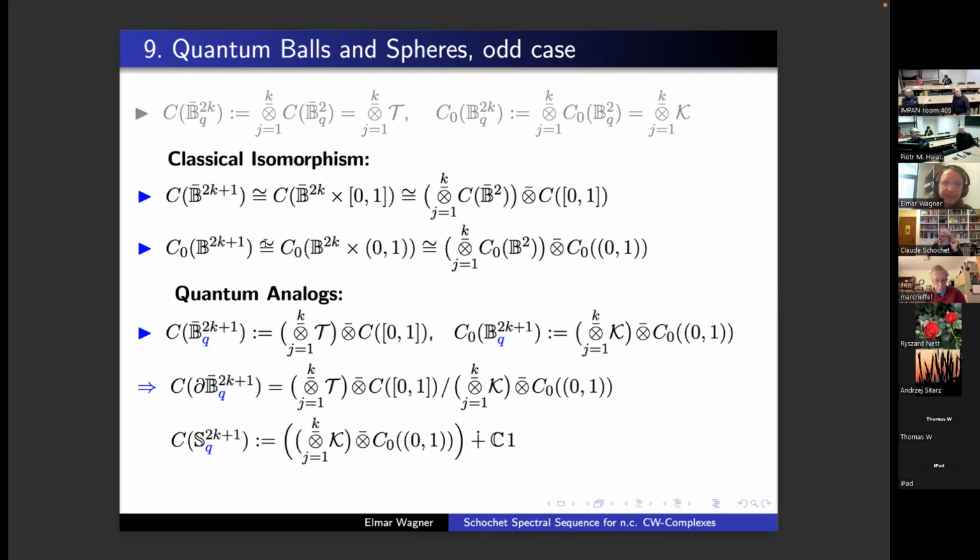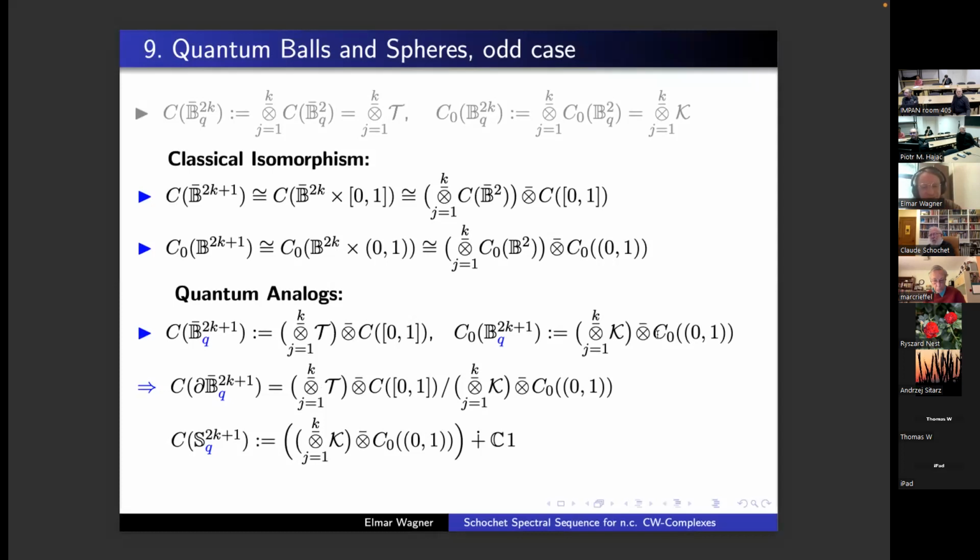But then the inside is just taking the inside of the balls times C0 of the interval. And if you look at the quantum analogs, well, that's just the ball algebra tensored with C of the half-open interval. Nothing special happens. The inside is now the suspension of the compacts. This tensor product of compacts is just one copy of compacts, but we now have a suspension.